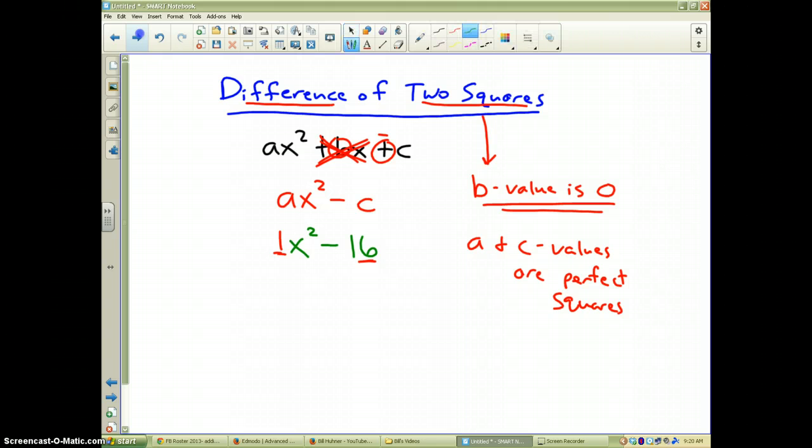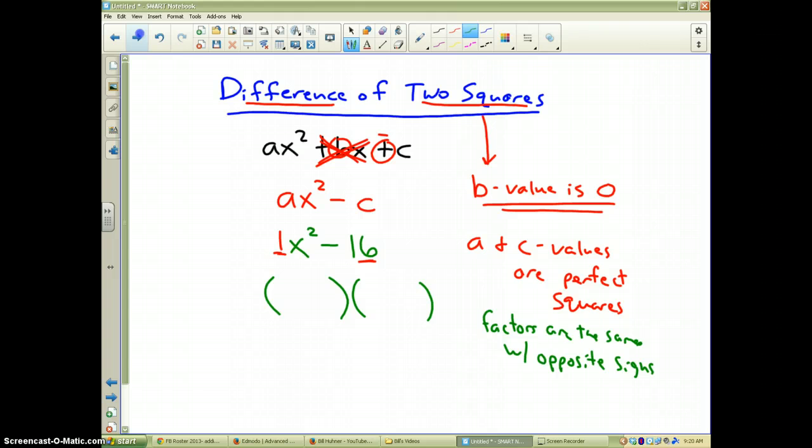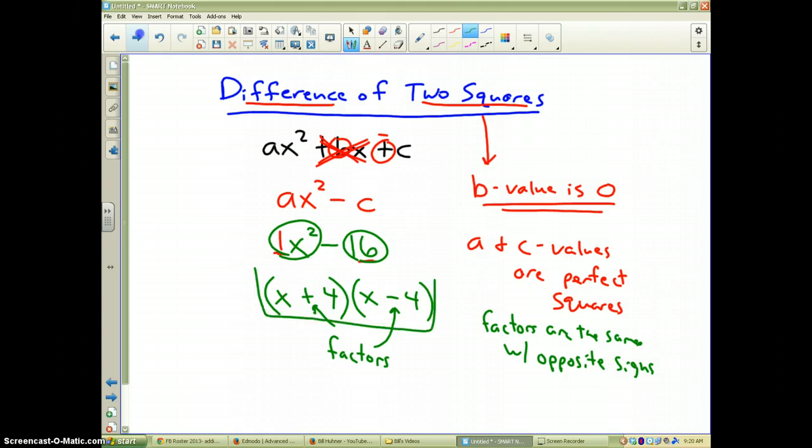Now, when you factor these, the factors will be exactly the same with opposite signs. So, x squared, that's x times x. We know 16 is 4 times 4, but the signs are going to be opposite. So you notice these factors are exactly the same, but the signs are opposite. So I have x plus 4 and x minus 4.